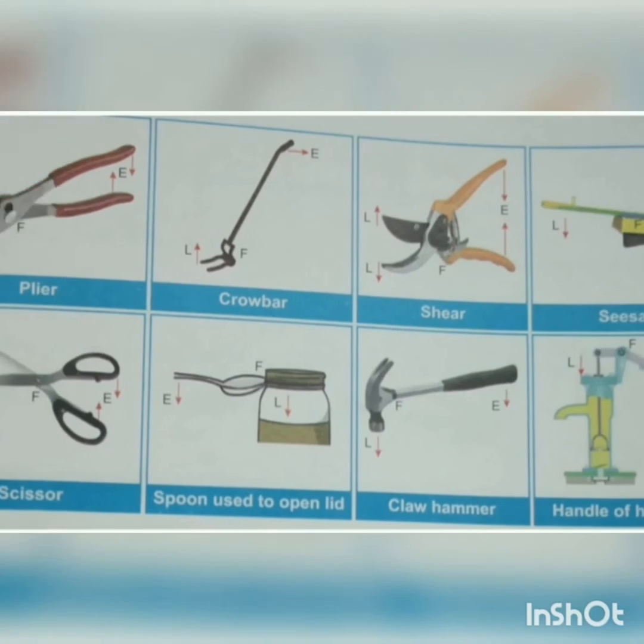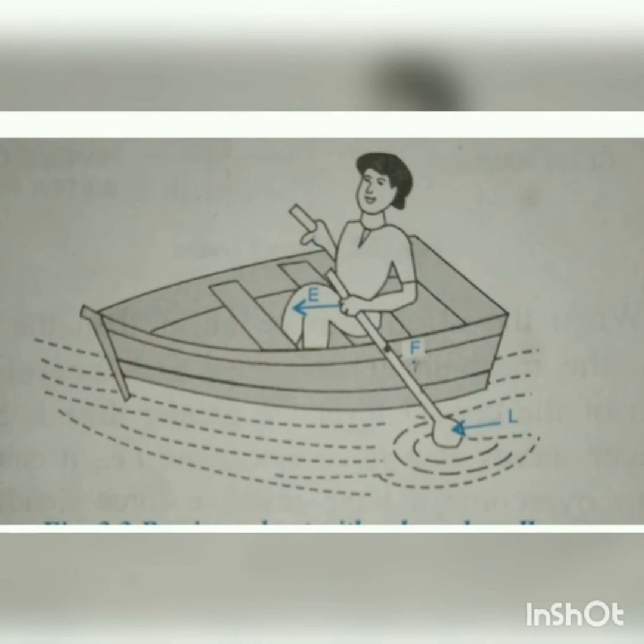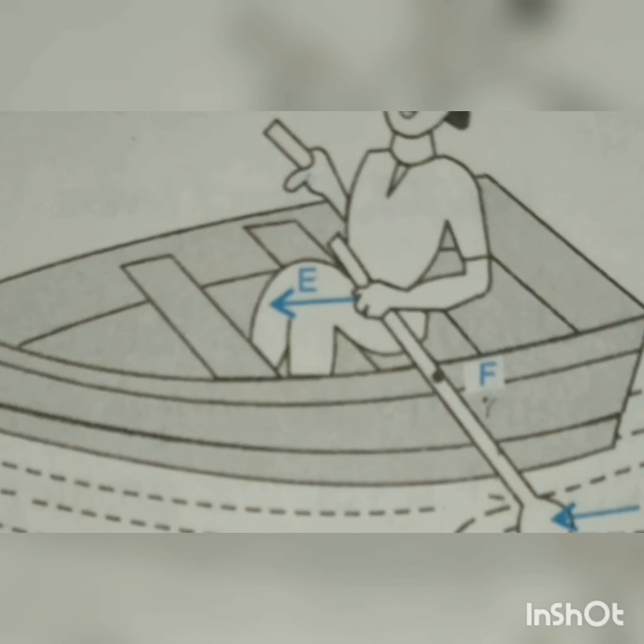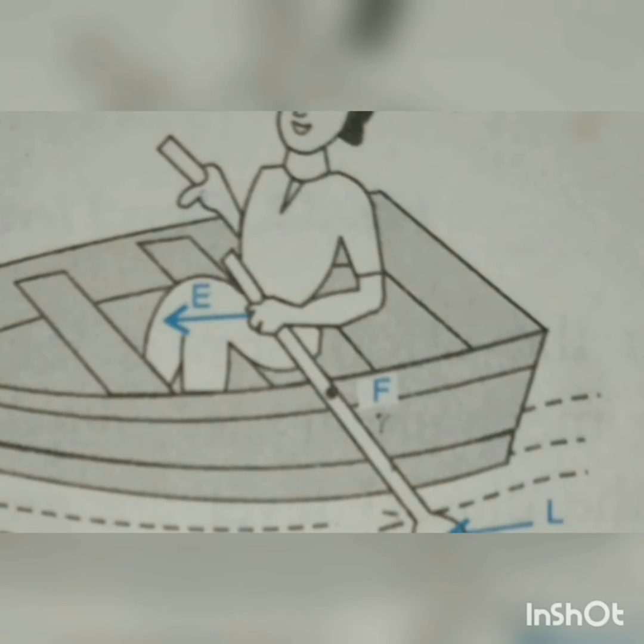And one other point, this one, rowing a boat with a long handle oar. In this way, you see that effort and load are at the ends and fulcrum is in between. So that's why this is also a first class lever example.